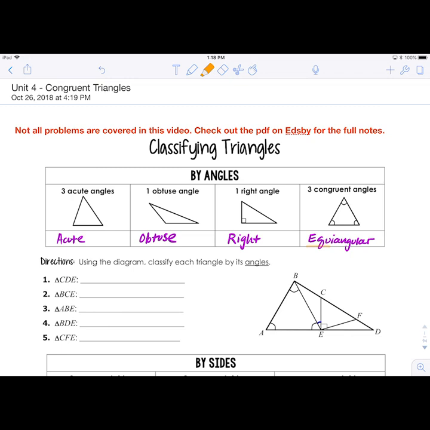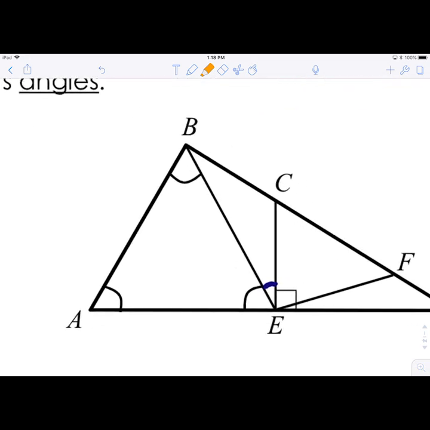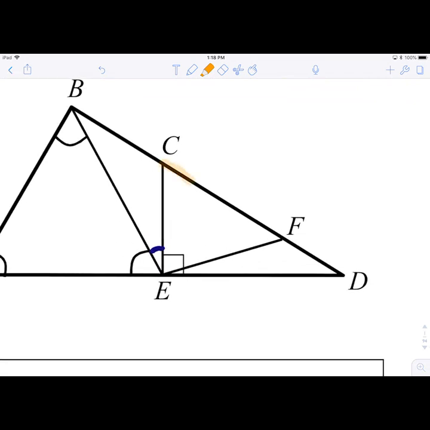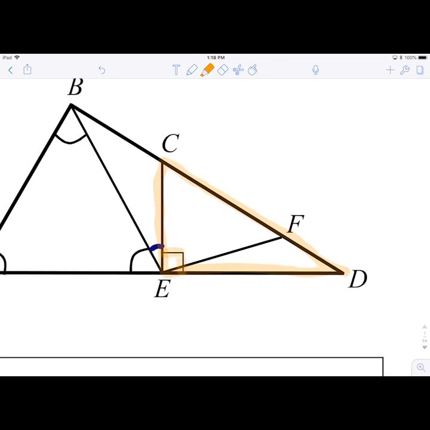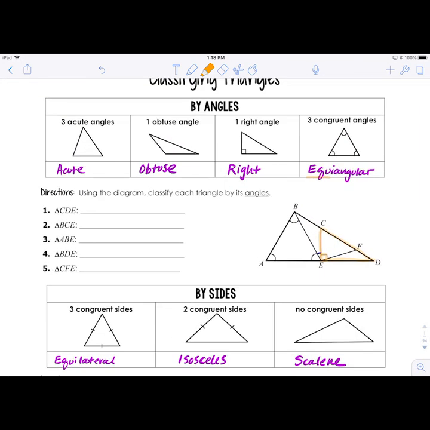All right, so let's look at triangle CDE really quick. Triangle CDE is this triangle right here. You notice that angle CED has this little box, and that box indicates that this is a right triangle. So that's what we're going to put right there. I'm probably just going to abbreviate RT, right triangle.